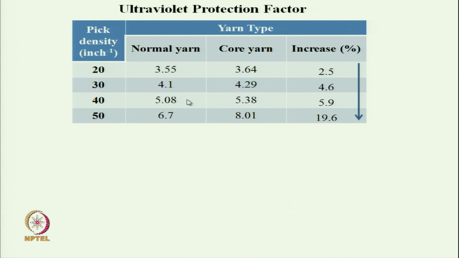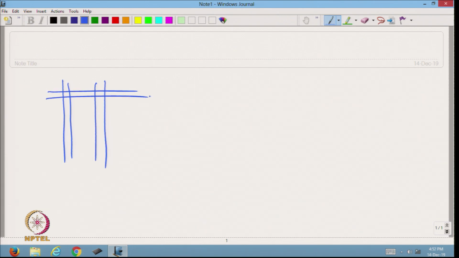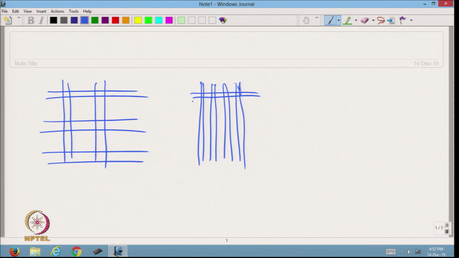Now, here again the effect of hairiness will come into picture. This is the low level of cover, and when we talk about the high level of cover, by increasing the picks per inch, the openings are smaller.